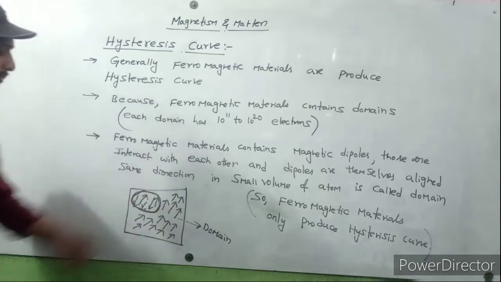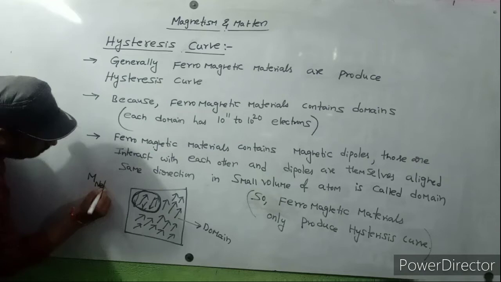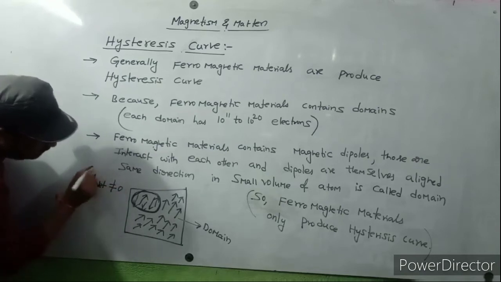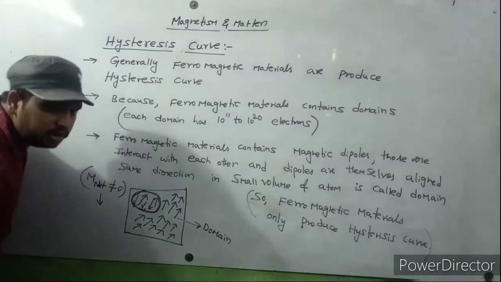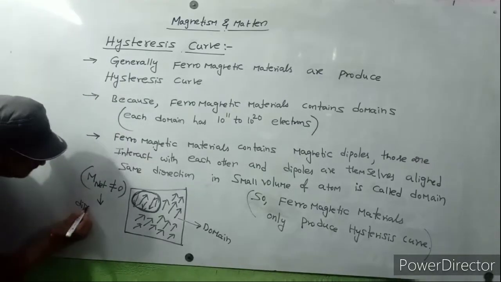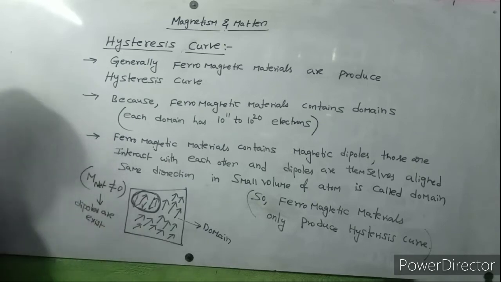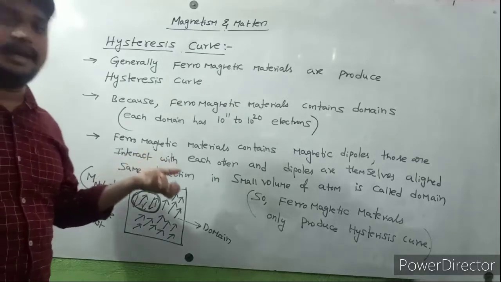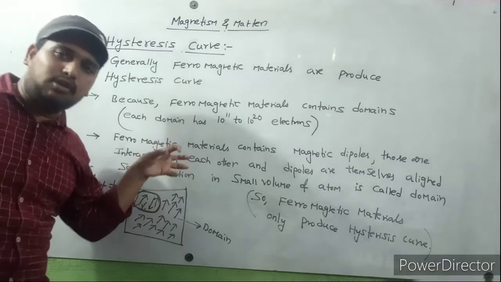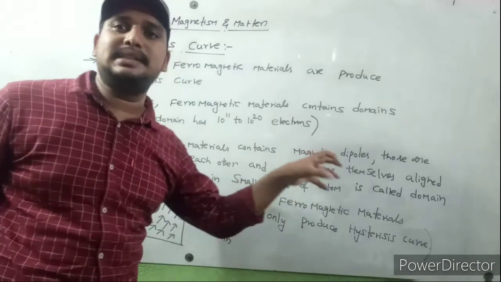Why do ferromagnetic materials contain dipoles? Because the net magnetic moment is not equal to 0, which means dipoles exist. So due to the presence of domains, only ferromagnetic materials produce the hysteresis curve.